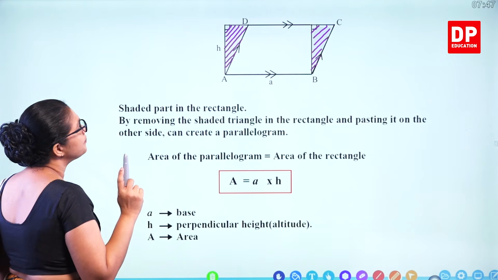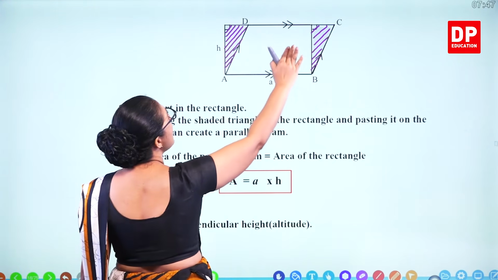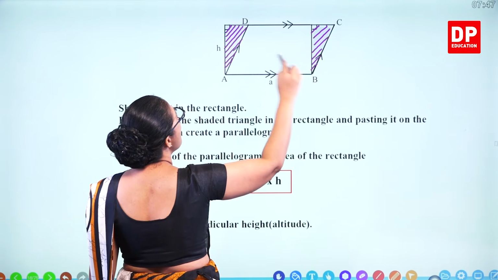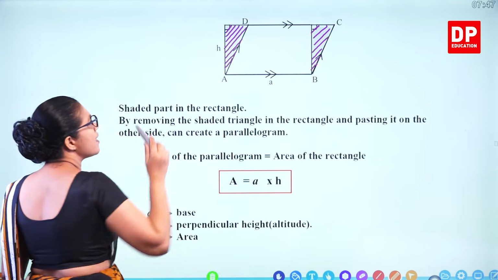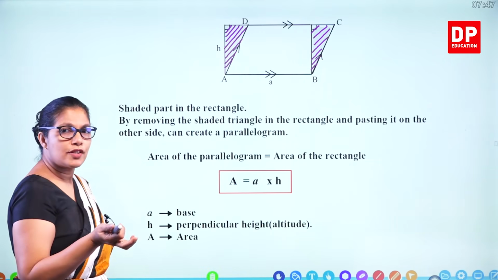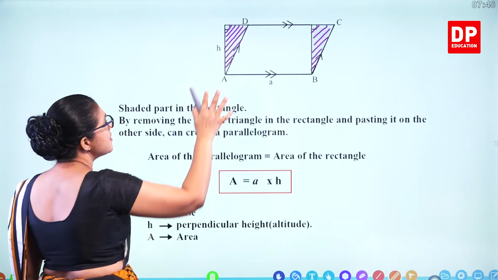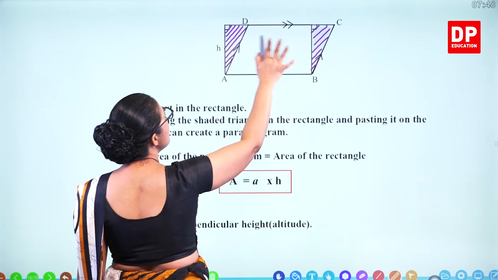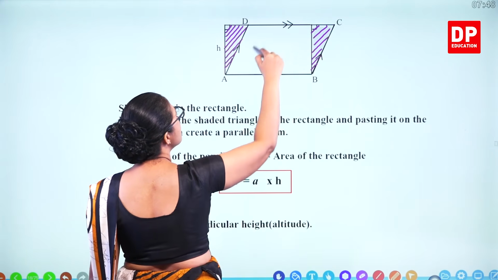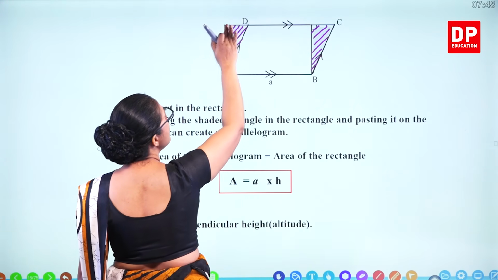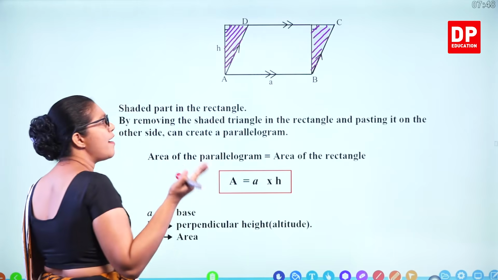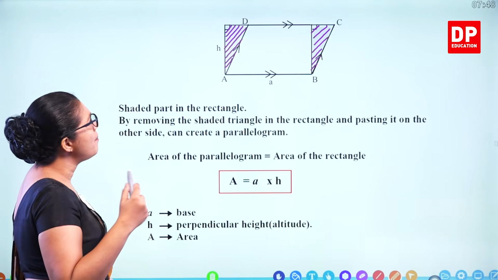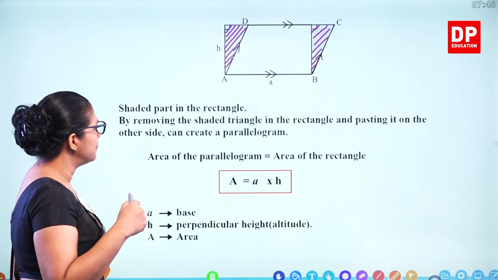So what's the area of the rectangle? Length is A, breadth is H. And the area is the same now because I didn't do anything else. This part is common, this one moved to this side. So the area of the rectangle is the same as the area of the parallelogram ABCD.